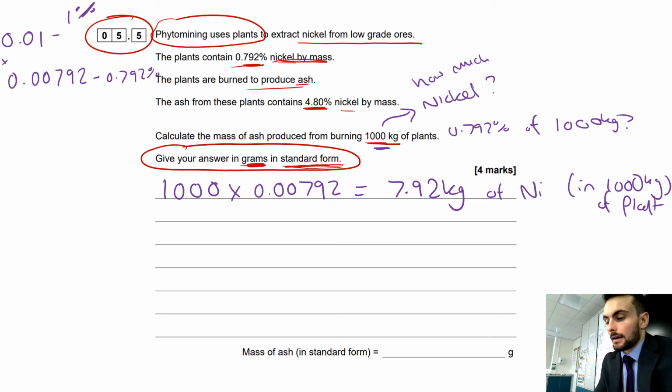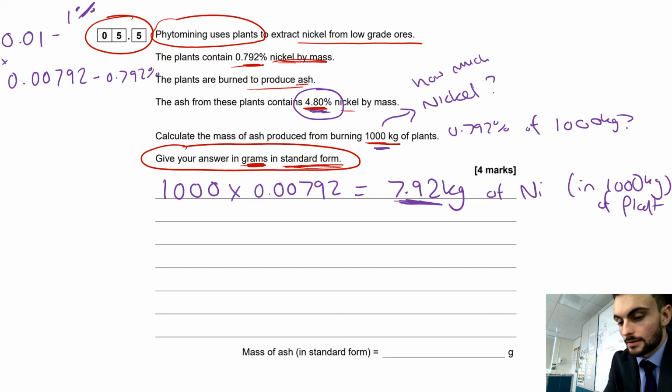Then we need to figure out how much ash we've actually got. So we know that there's this much nickel in the ash, and we know that 4.8% of the mass of whatever the ash takes up is going to be this number. So that basically means 4.8% of something is going to give us 7.92.